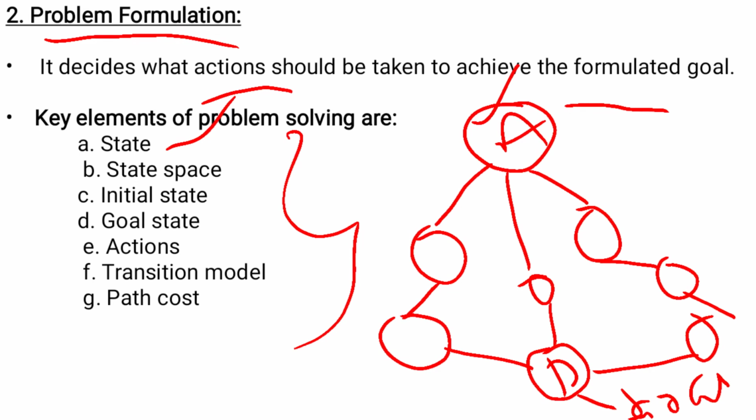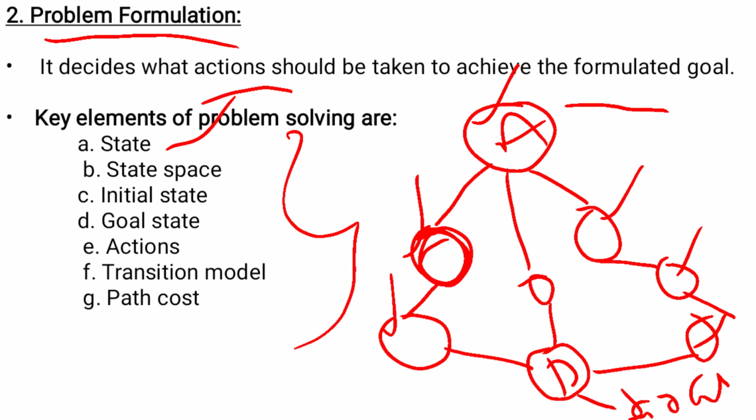In order to reach the goal from the initial state, there are three alternatives. Here, what this node is, we call a state. Each element is called a state. This node is called a state.